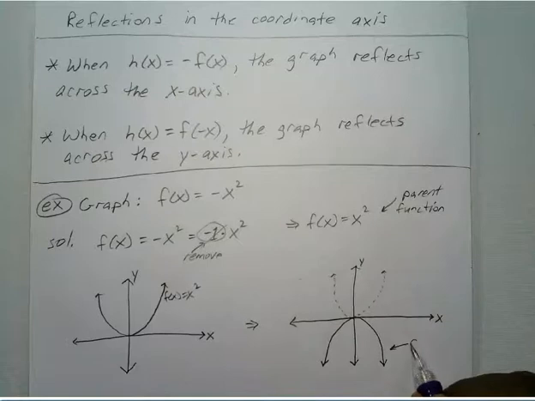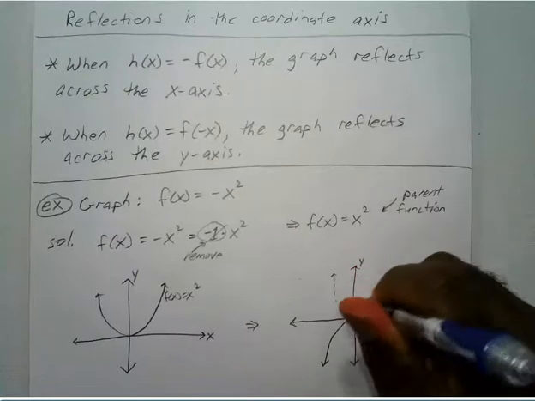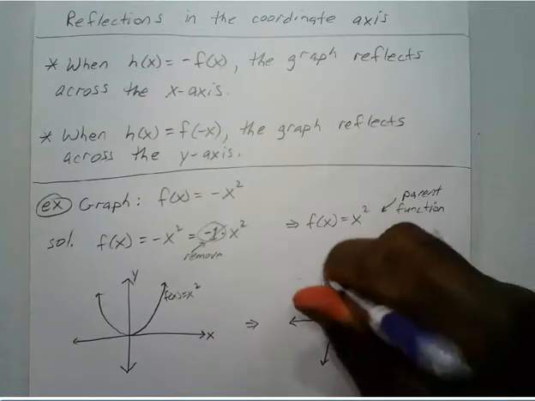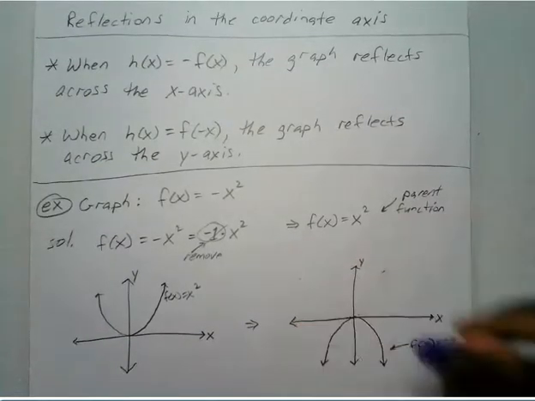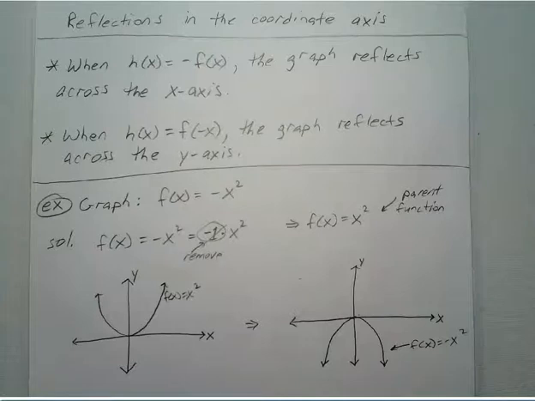So this is the graph of f of x equals -x squared. And again, if you wanted to erase the little dotted parent function just to make it a little clearer, you definitely can do that. Hopefully that made a little bit of sense.